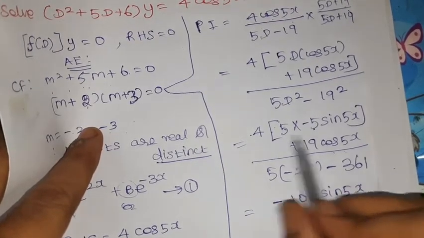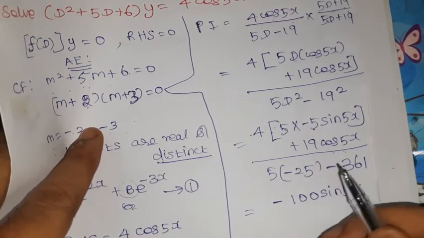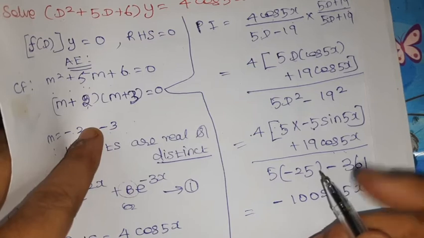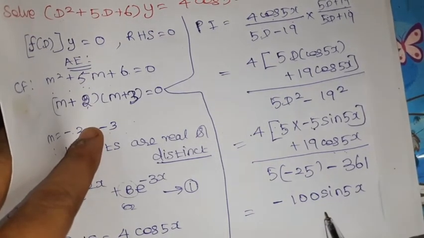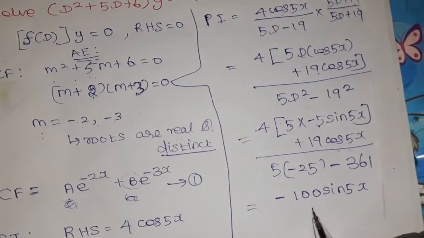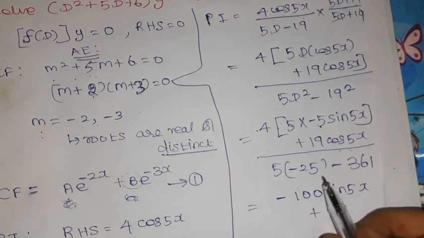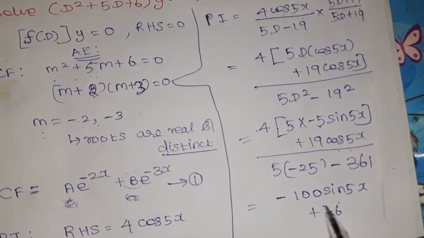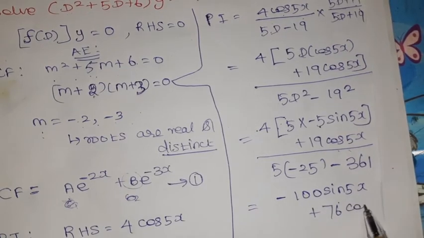Then 19 into 4, what do we get? 9 fours are 36, remaining 3 fours are 12, so 76 cos 5x.